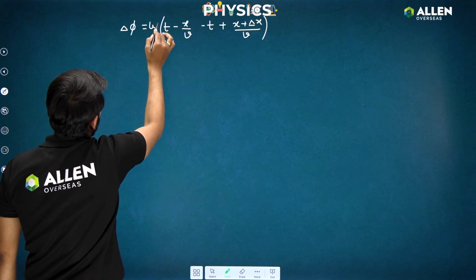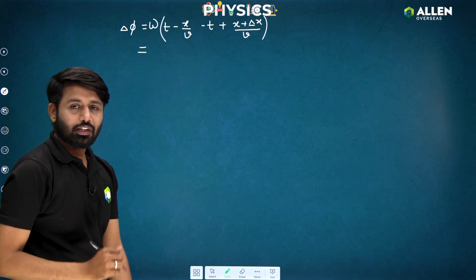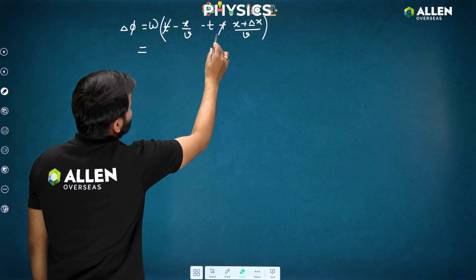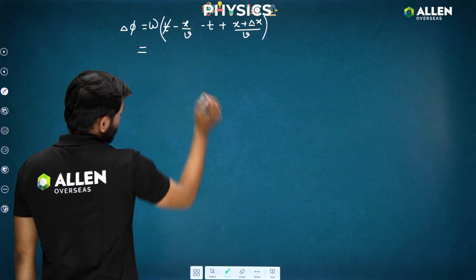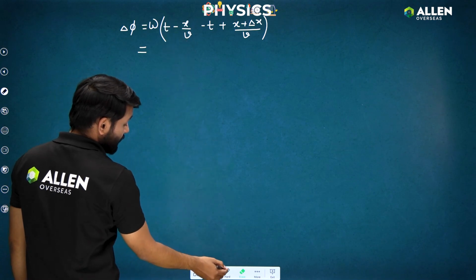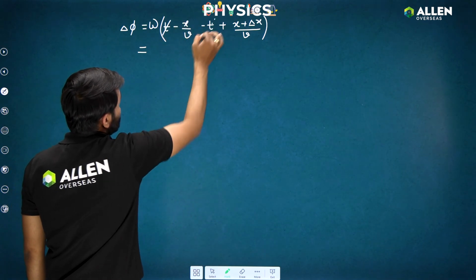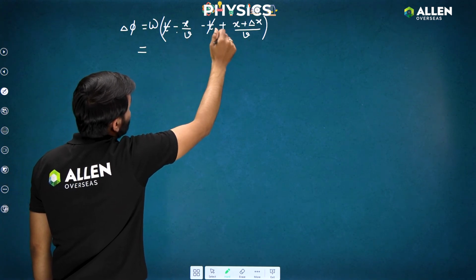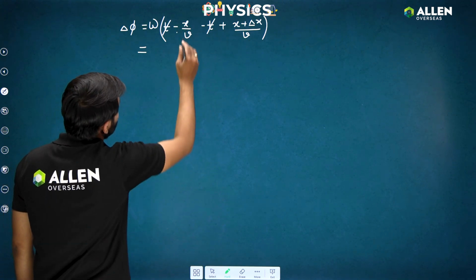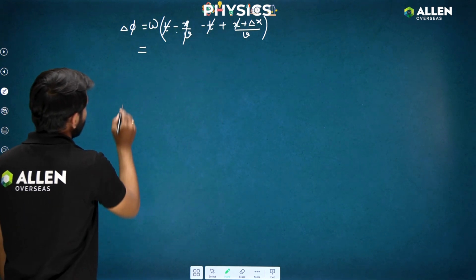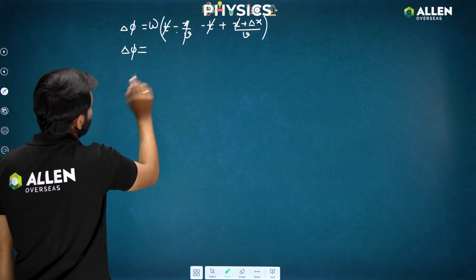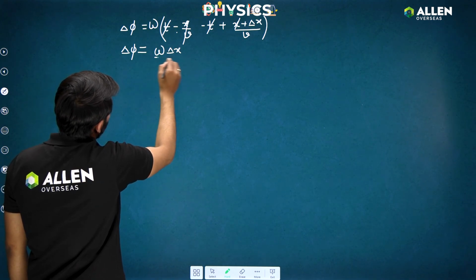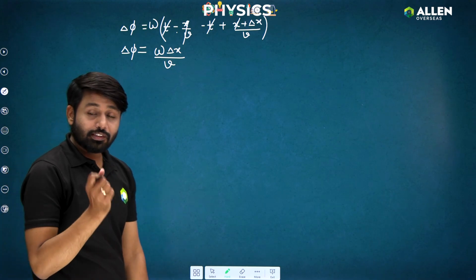After that you can see here this cancels, right? And this is minus x by v and this is plus x by v, so this also cancels. So delta phi is equal to omega delta x divided by v, right? This is our phase difference.